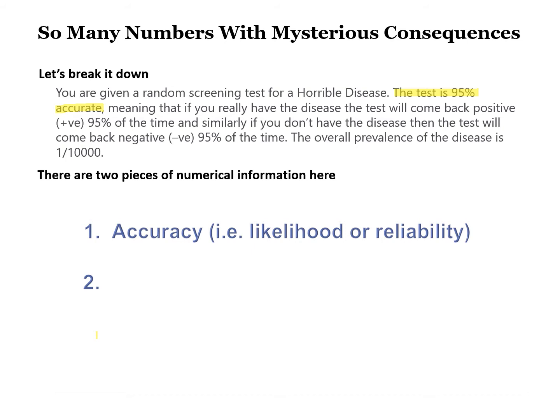So the confusion in those terms might have tripped a few people up, but hopefully not too many, because it is described in English what accuracy means and what it means to be 95% accurate.